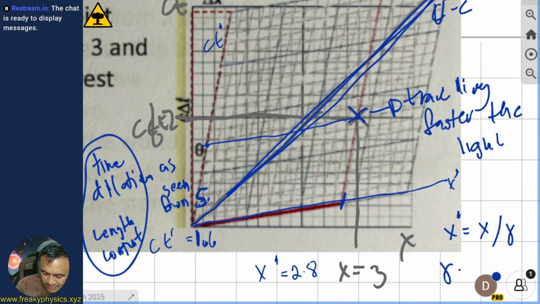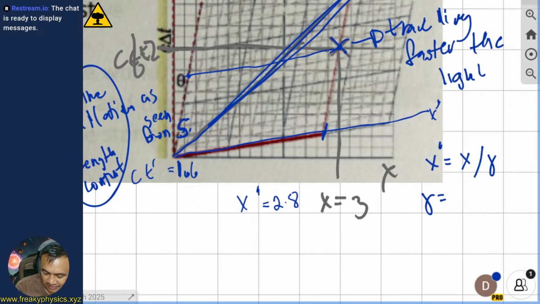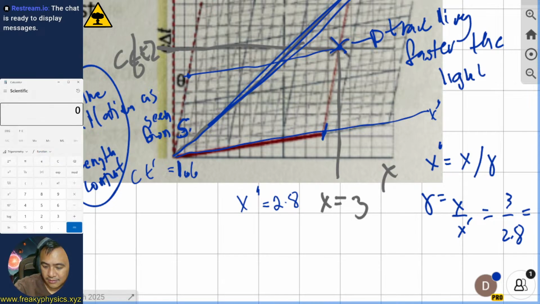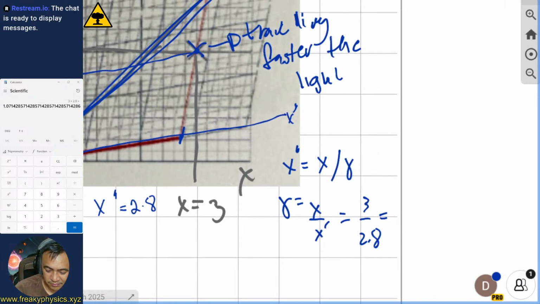So gamma is equal to x over x prime, and that's going to be 3 over 2.8. Let's calculate that real quick. 3 divided by 2.8 gives us a Lorentz factor of 1.07, which we don't normally get.